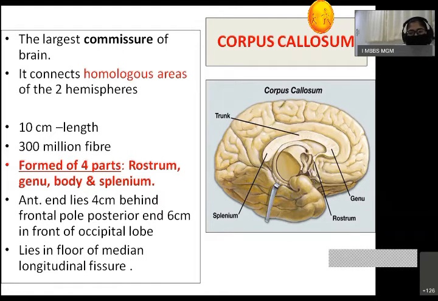The anterior end of the corpus callosum lies 4 centimeter behind the frontal pole.